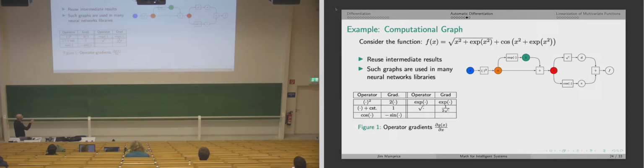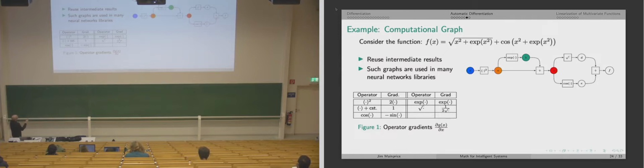So maybe you can compute x squared only once, then apply the exponential and sum the thing here. This would bring you to C, and C is this expression here, which you can reuse by having a graph like that where you branch out, first compute the square root, then compute the cosine, and then sum them up later.